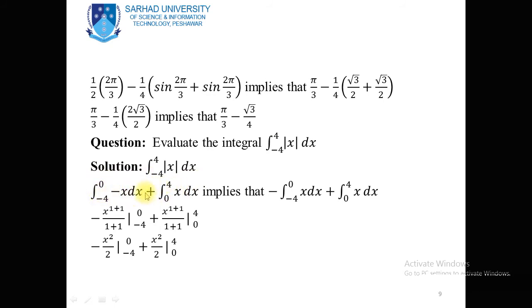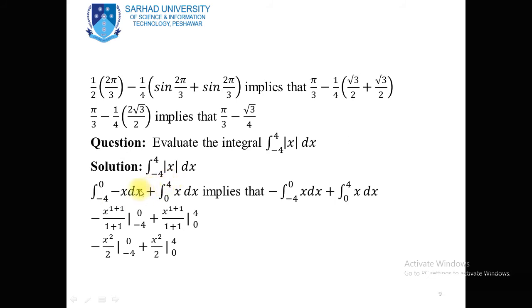This is the property of integration, that we can put a middle limit here in this corner. This limit will be greater than the lower limit and less than the upper limit. So 0 is greater than minus 4 and less than 4, and 0 is between minus 4 and 4.